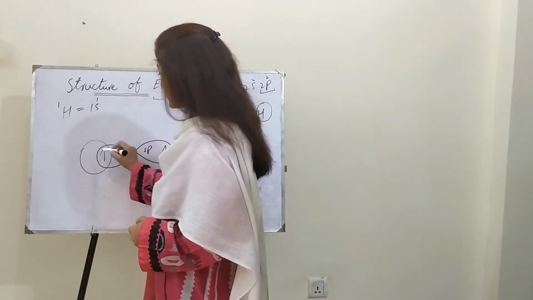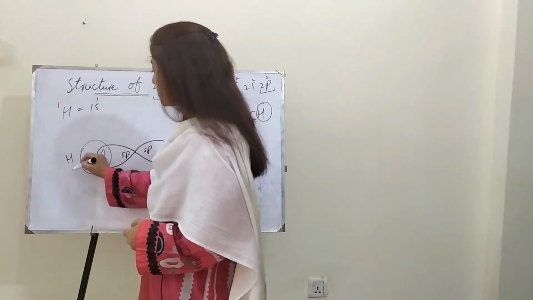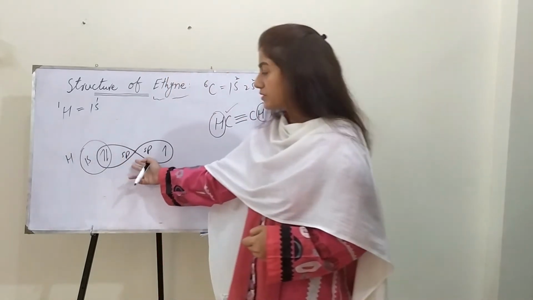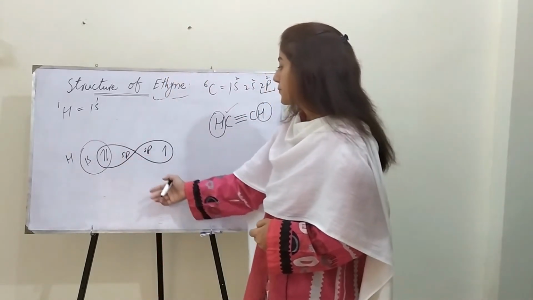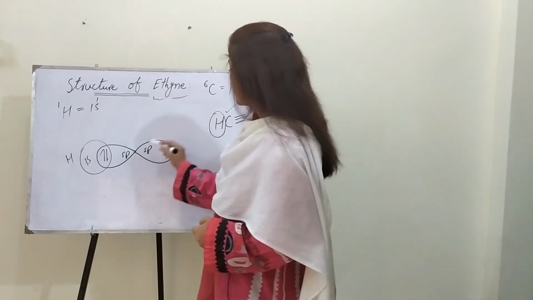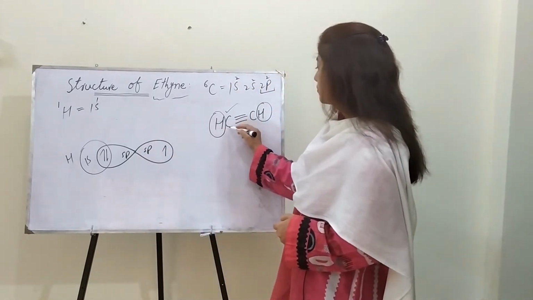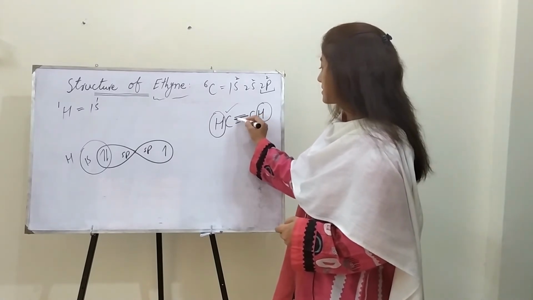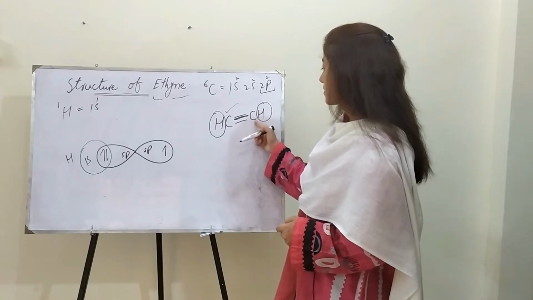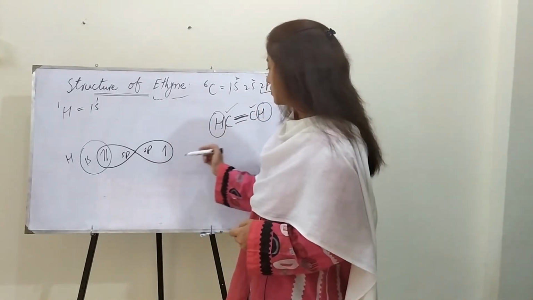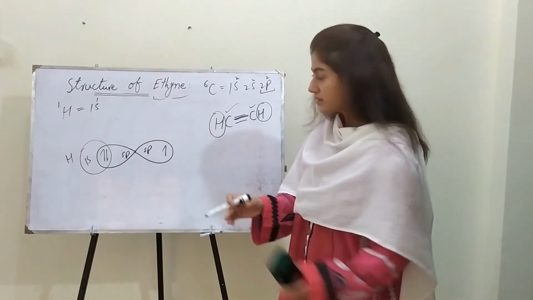So the 1s orbital of the hydrogen would overlap with the sp hybrid orbital of the carbon atom, and the other sp hybrid orbital of this carbon atom would form a sigma bond with the other carbon atom, that is this one.